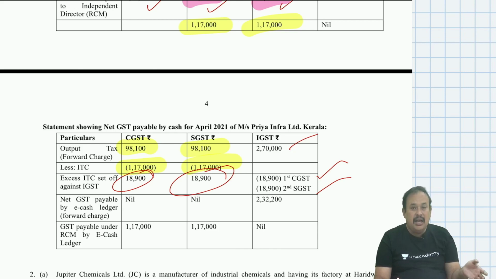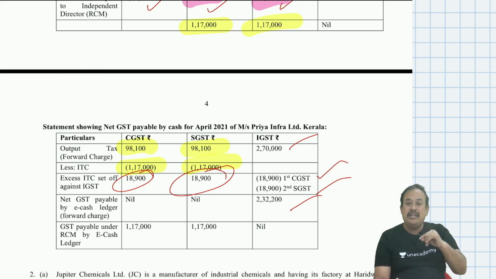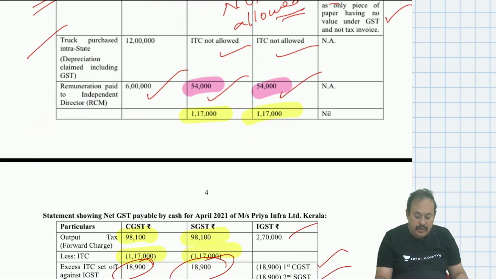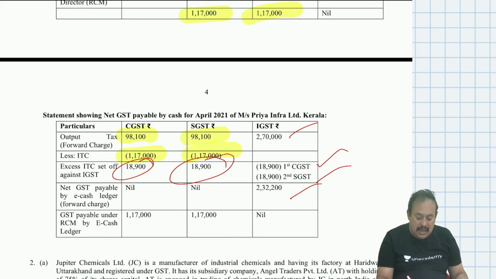IGST 2,32,200. Further, he is liable to pay under the reverse charge the arbitral tribunal as well as remuneration paid to independent director. That sum should be paid here as output tax liability without utilization of input tax credit.